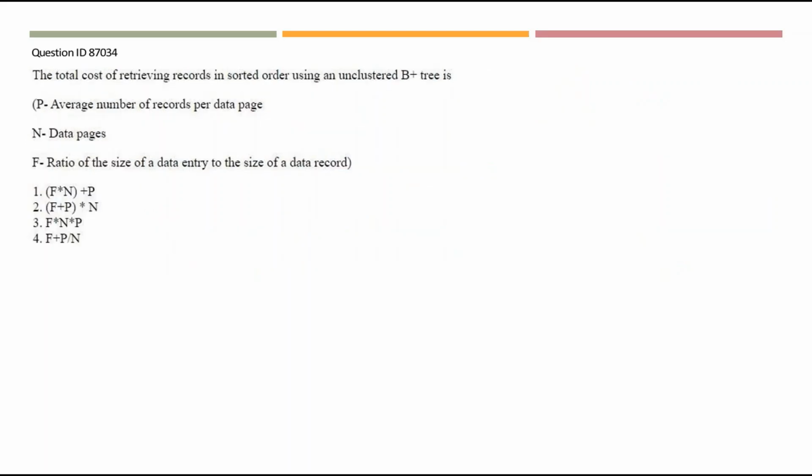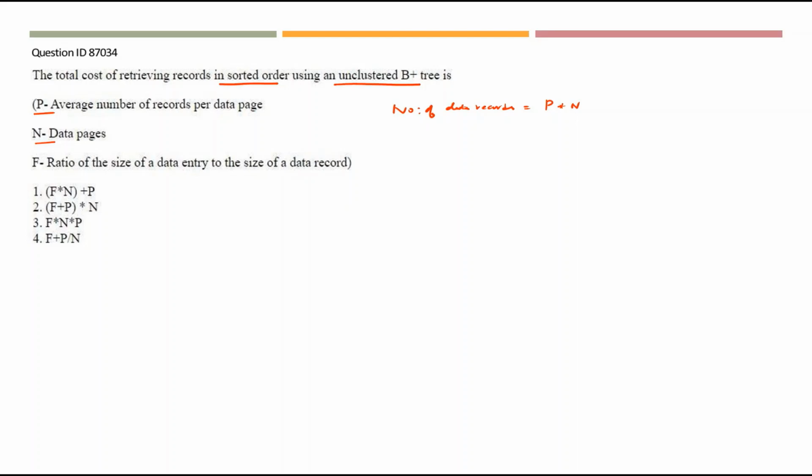Next question. The total cost of retrieving records in sorted order using an unclustered B plus tree. So they have given P denotes the average number of records per data page and N is equal to the number of data pages. So the total number of data records will be P into N or N into P. They have given F to be the ratio of the size of a data entry to the size of a data record.